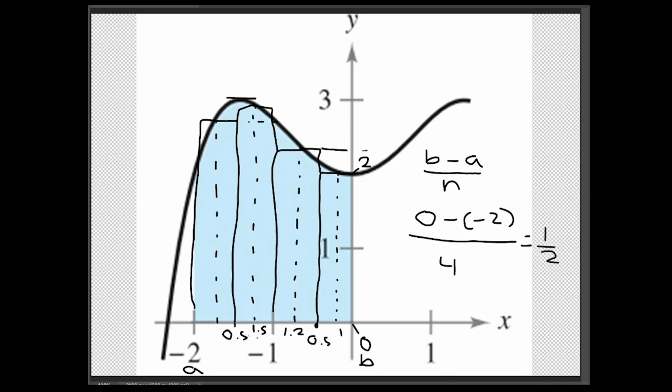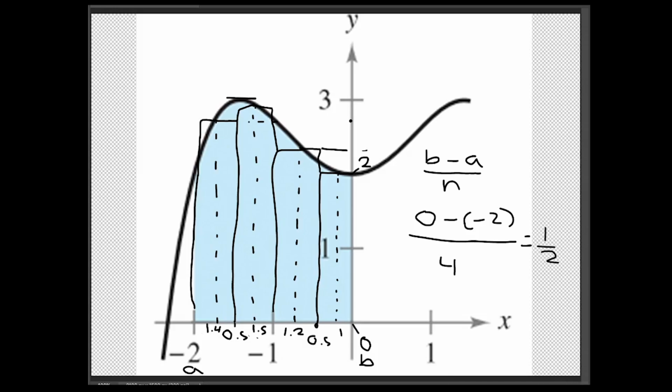And for the last one, say this is around 2.8. It's around right here. You can just say it's 2.8. So this would be around 1.4. And then these 1.4, 1.5, 1.2, and 1 would be our areas for our rectangles. And now let's just add them up.